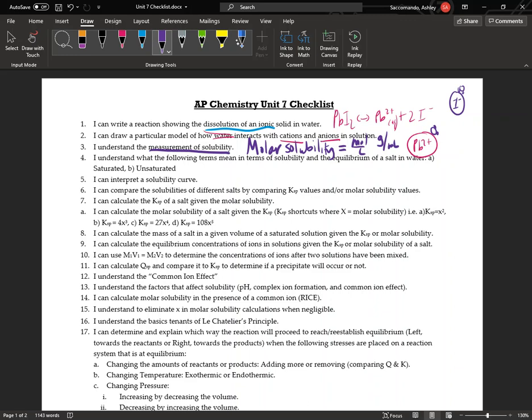So always expect that. They don't always have to give you moles and liters. They can give you other stuff, and you have to convert it first. So grams is molar mass, and 1,000 milliliters equals 1 liter. So that's one possibility. Molar solubility is how much can dissolve at that particular temperature according to that equilibrium solubility product.